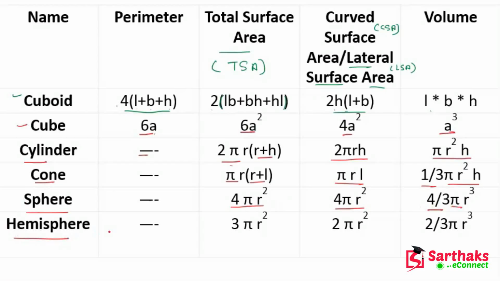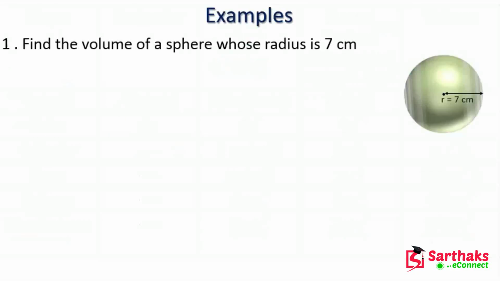In a hemisphere, the TSA is 3 pi r square, the CSA is 2 pi r square and the volume is 2 upon 3 pi r cube. I hope you understand these things. You have to learn all these formulas. Now let's solve some problems.